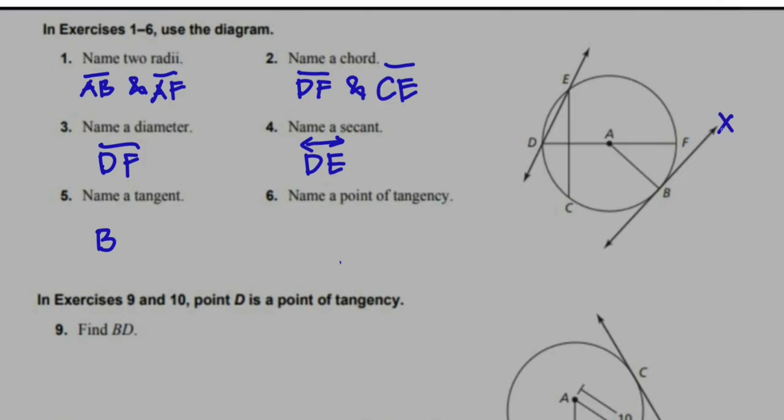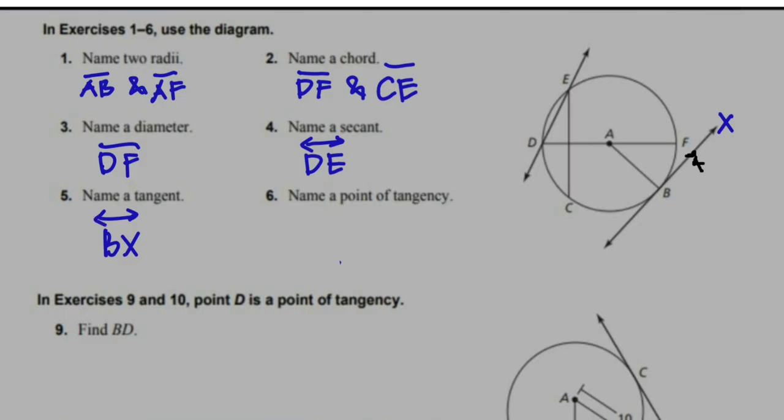We put X here, or maybe somewhere like right here. Or maybe call it XY. No, but call it BX. I don't know. Okay, we'll just do this. Yeah, line BX.